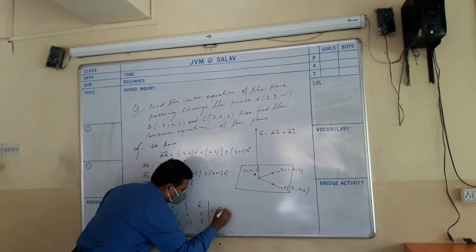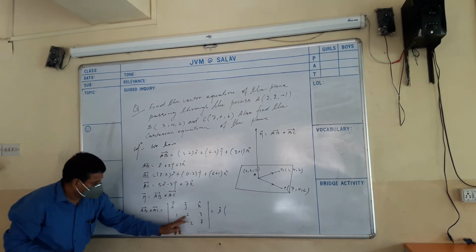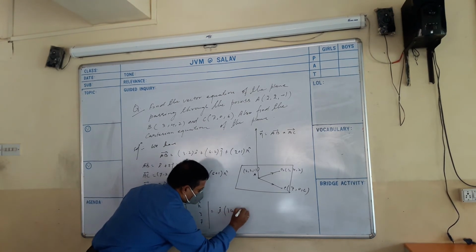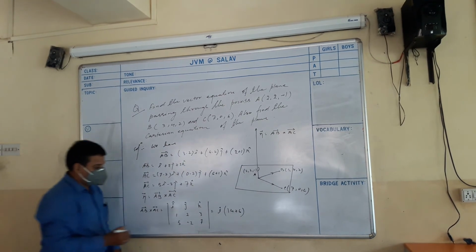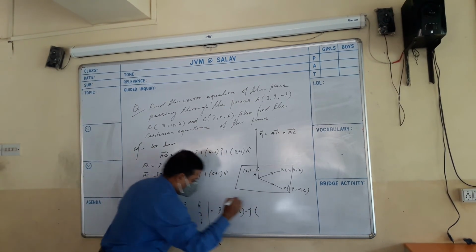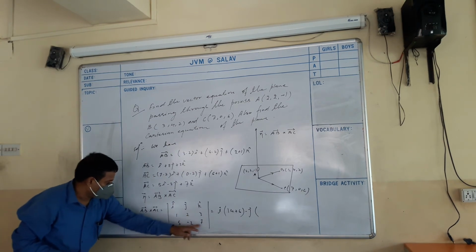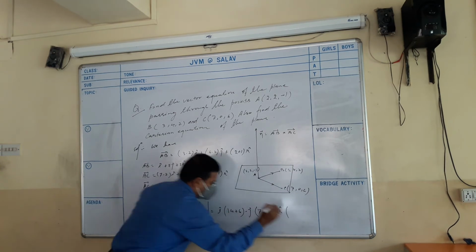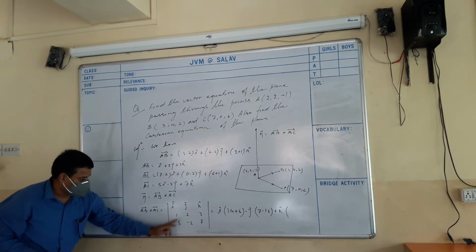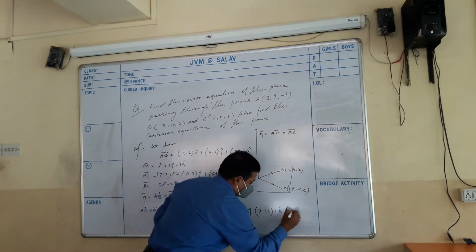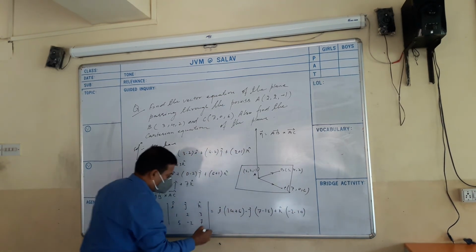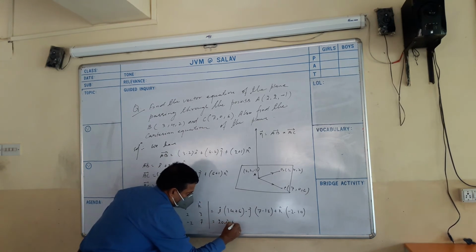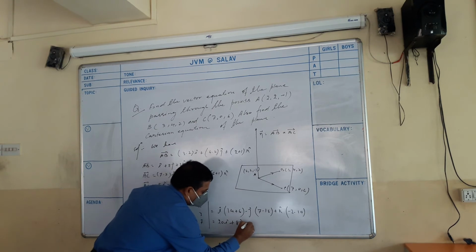i times (14 plus 6) gives 20i. Minus j times (7 minus 15), so minus minus 8 becomes plus 8j. k times (minus 2 minus 10) gives minus 12k.